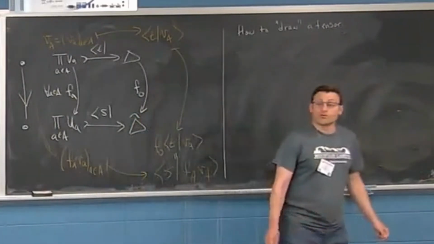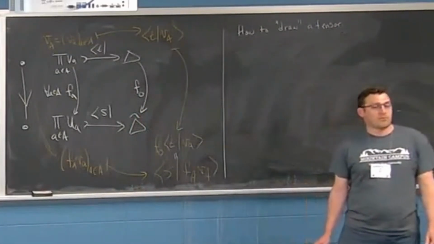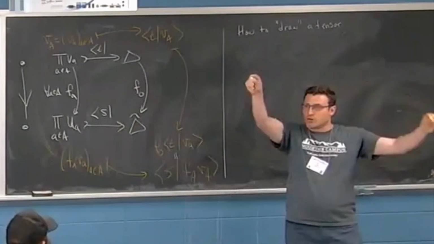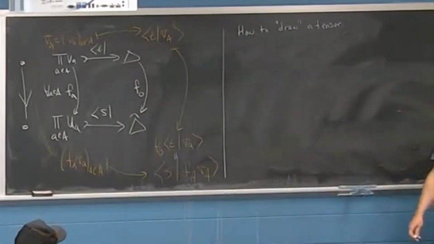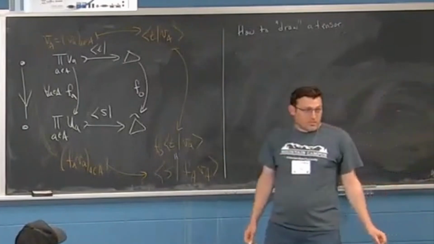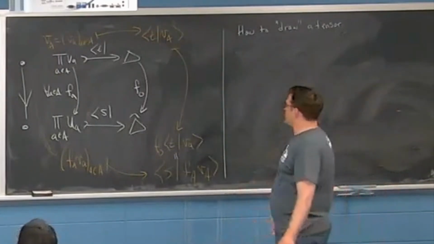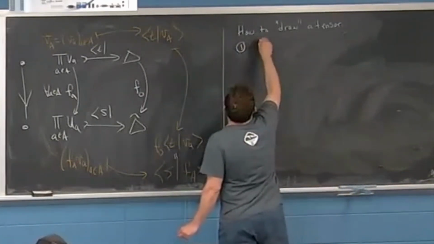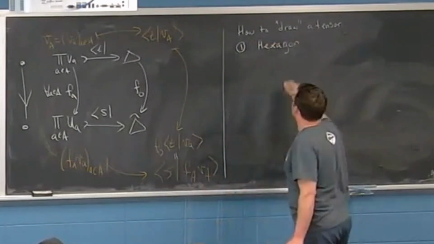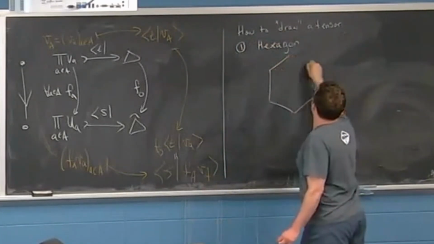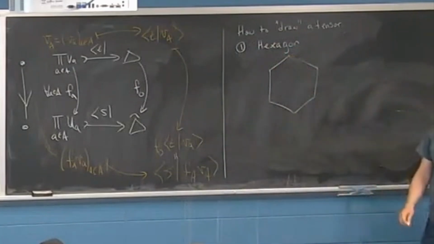Okay, this is the worst drawing class ever. If you're really drawing a box, you put 3 points in perspective and draw with little lines and whatever, and then you get to go to Italy and have a different kind of career. But since we're mathematicians, this is art school for mathematicians. Step 1, hexagon. I like to hang my hexagon on the top. It doesn't have to be a nice regular hexagon.